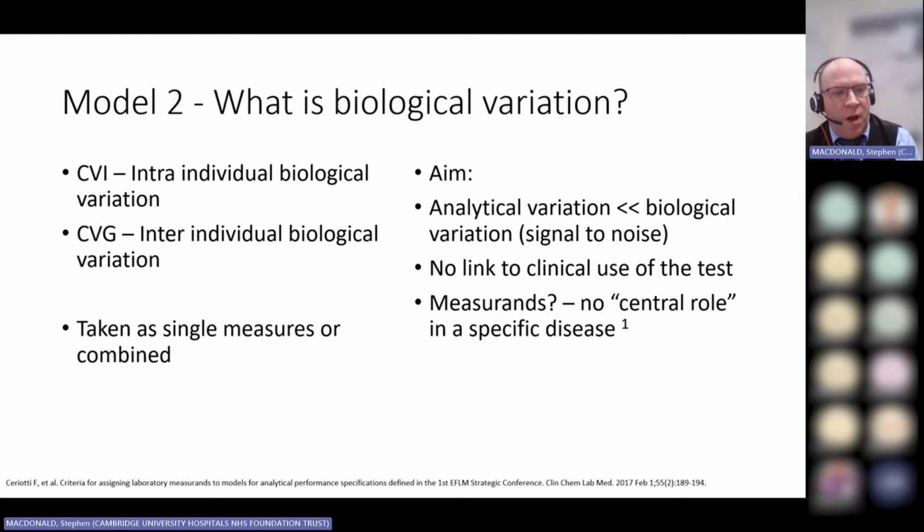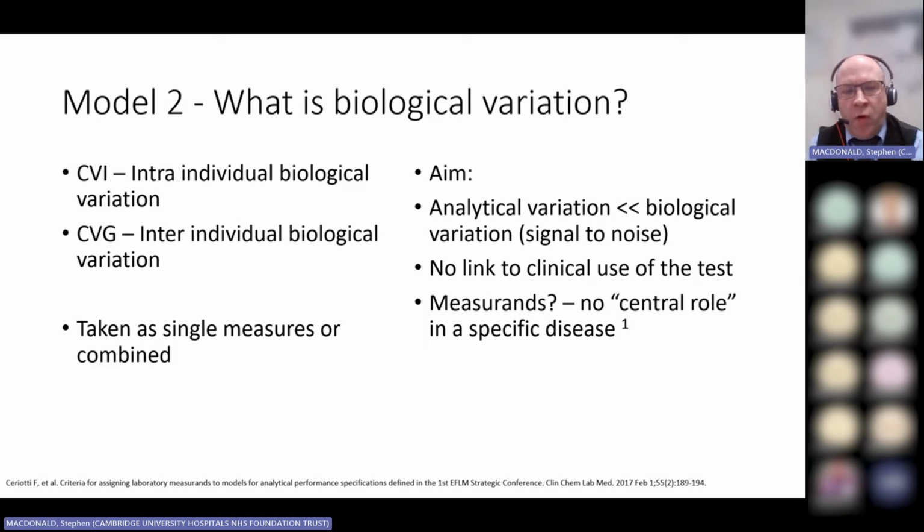So it's CVI for individual, CVG for group. And these different parameters can be determined using prospective studies by sampling normal donors. They can be measured as single measures, or they can be combined to give us combined parameters which can give us targets for our performance.